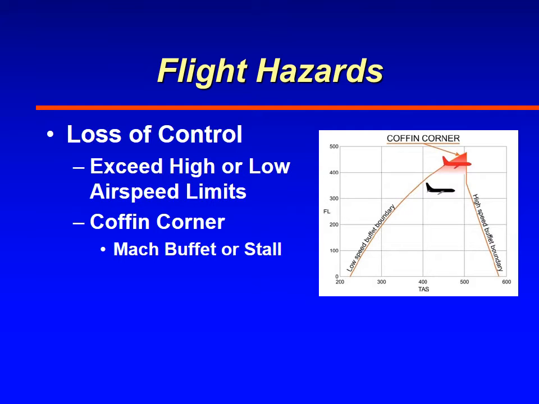And if you're flying high enough that you're up in that coffin corner, then you can have either a high speed or a low speed upset at altitude. And that had happened at the very early beginnings of jet aviation back in the 1950s and 1960s with aircraft. So that is a concern.